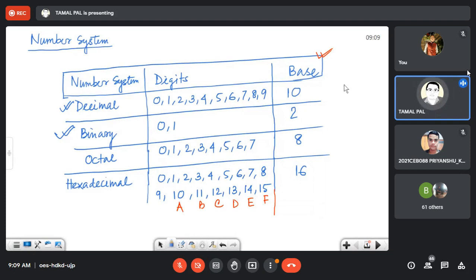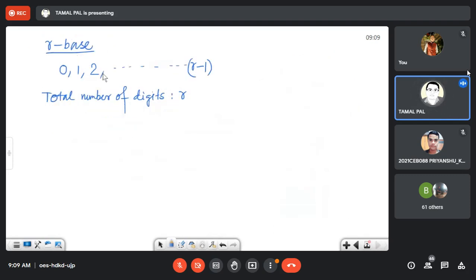You can have any arbitrary base: 7 base, 8 base, 23 base, whatever. But keep in mind, if your base is R, or the total number of digits is R, then the digits are 0 to R minus 1. Let's say I consider an arbitrary base 18, R equal to 18. Then its digits should be 0 to 17.